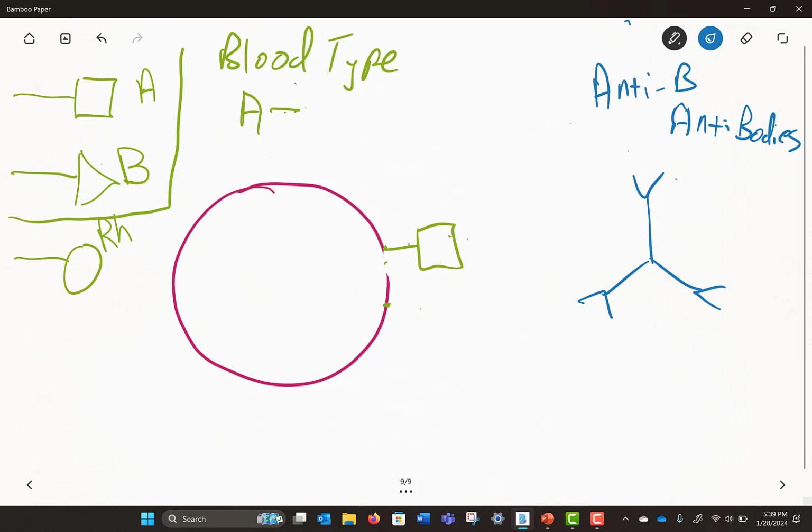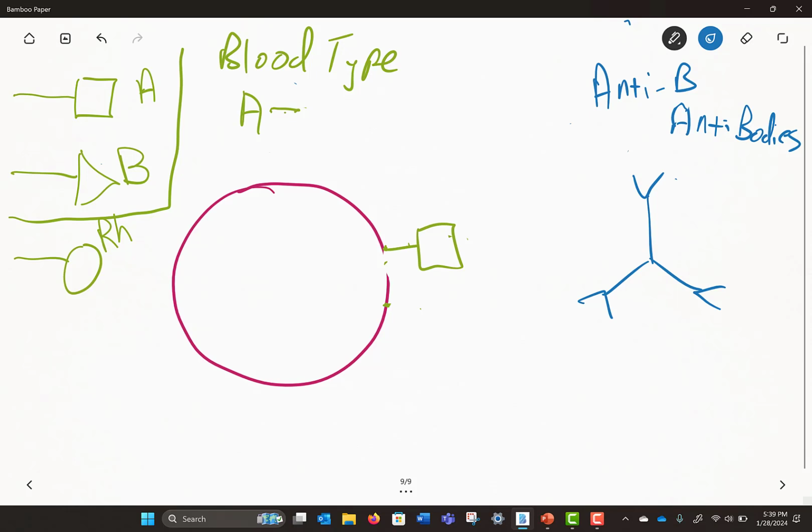Now, there's a weird thing about the antibodies in this situation. When someone is born with blood type A, they are born with antigen A on their red blood cells. And they are born with anti-B antibodies.